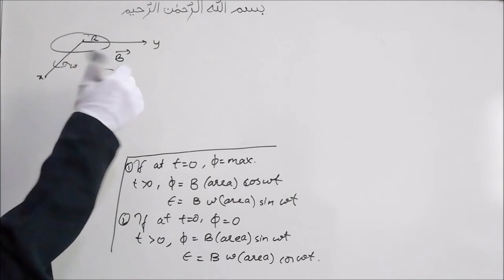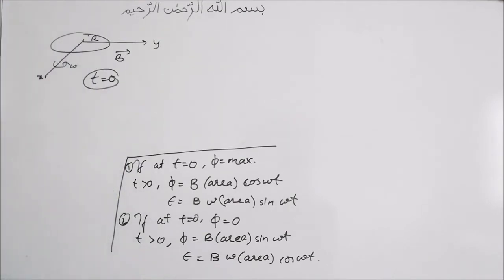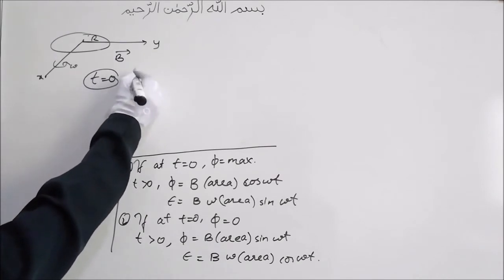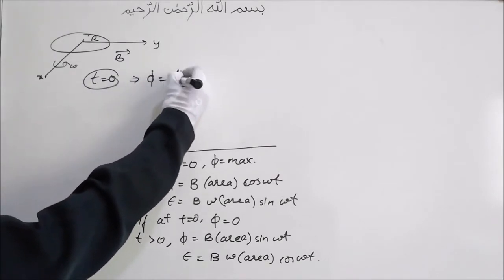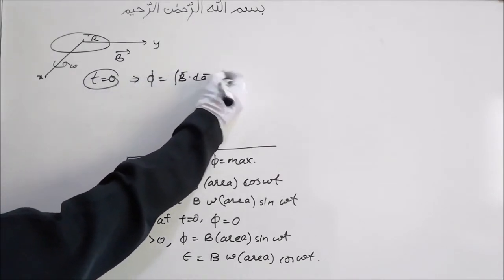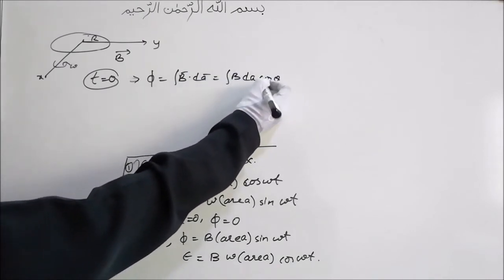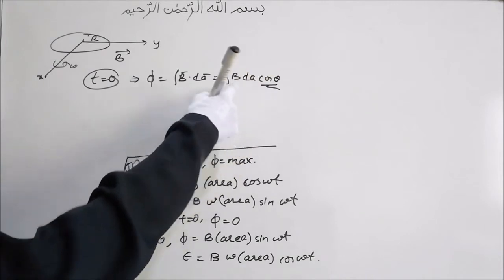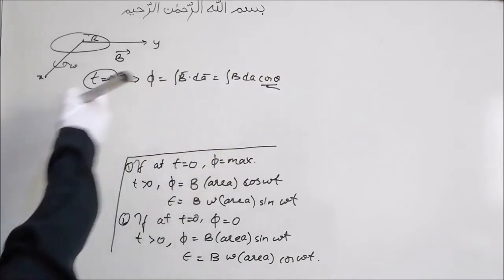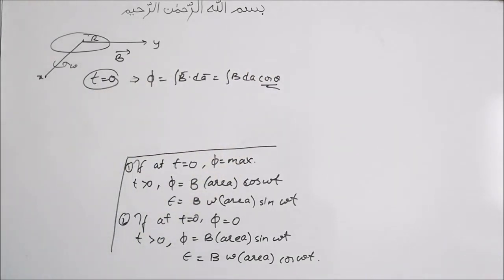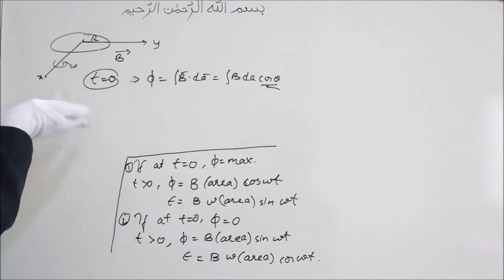We have to find the EMF induced in the ring at t greater than 0. For that we will see at t equals 0 what is the value of flux. Flux is the integral of B bar dot dA bar, that is the integral of B dA cos theta. What is theta? Theta is the angle between magnetic field and the area. Initially our loop is like this.